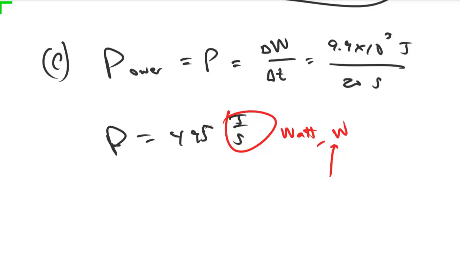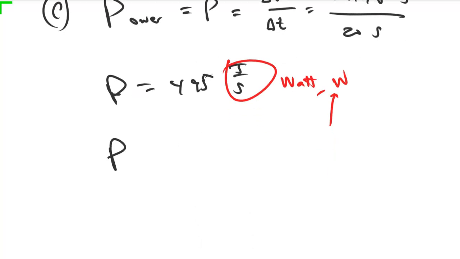So basically, if it's W equals something, this is work, and if it's something equals blah blah blah W, this is watts, right? So careful where that is. So the power that the kid is exerting onto the merry-go-round is 495 watts.